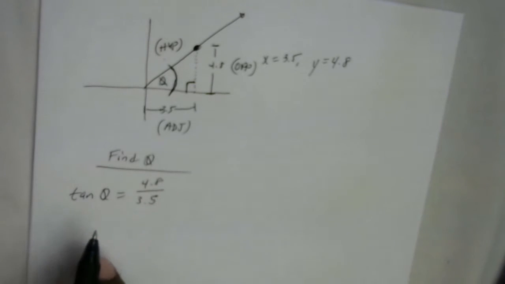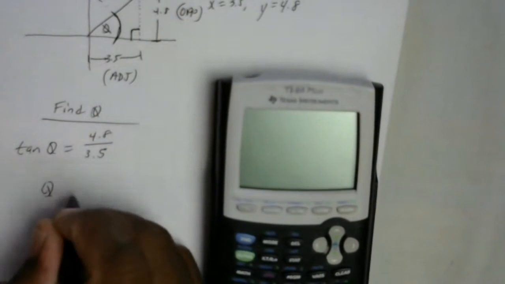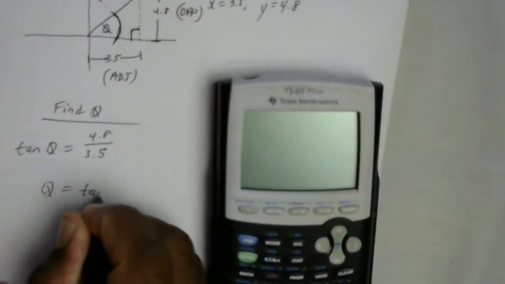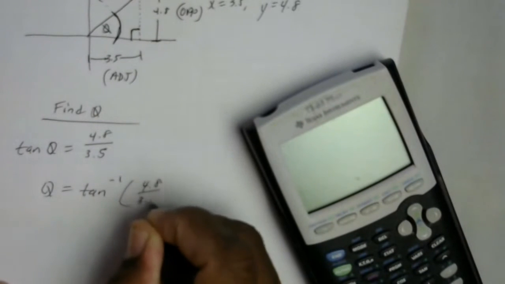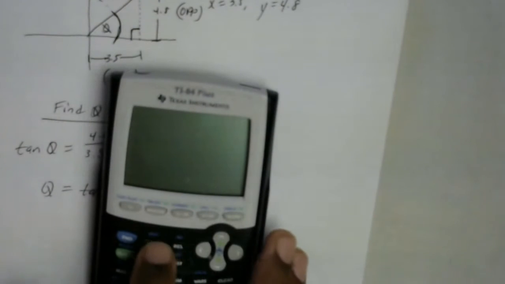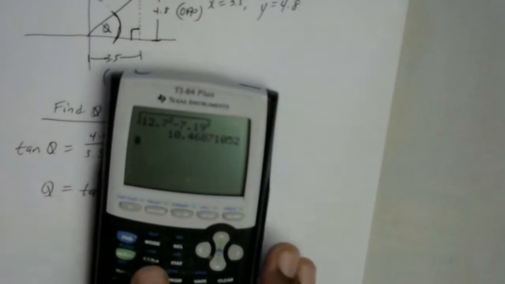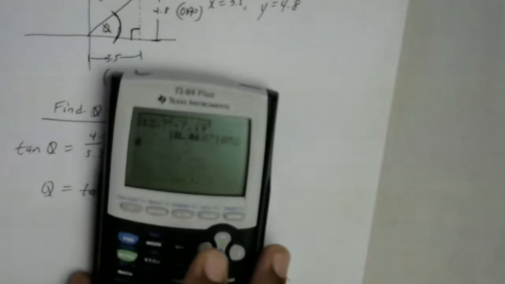Since I'm finding an angle measure, I want to use the arc tangent. So theta is equal to the arc tangent of 4.8 divided by 3.5. And we're going to find this angle by using the calculator. Since we're looking for an angle in degree measure, I'm going to check the mode on my calculator and verify that I am in degree mode.